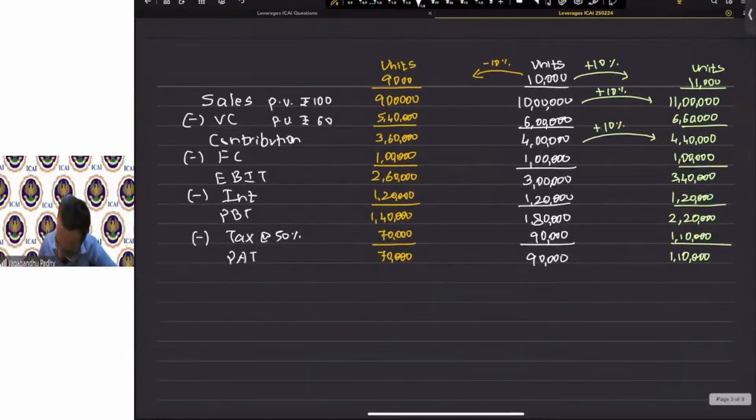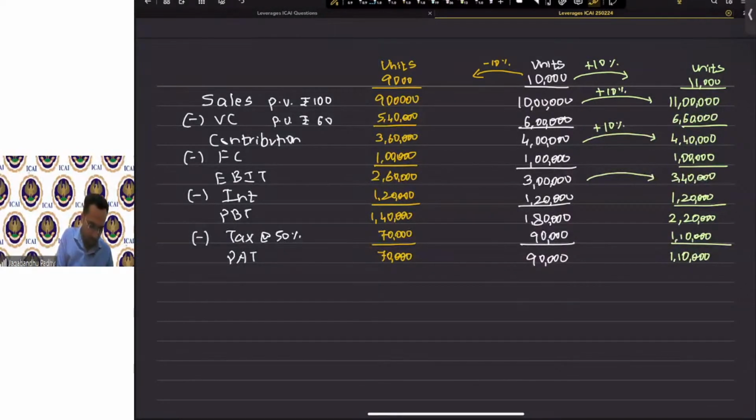But if you observe the change in the EBIT, that's not 10%, that is something more than 10%. So 3 lakh increases to 3 lakh 40,000, an increase of 40,000. If you say 40,000 upon 3 lakh, that will give us a number which is definitely more than 10%. So let's have a look how much it is.